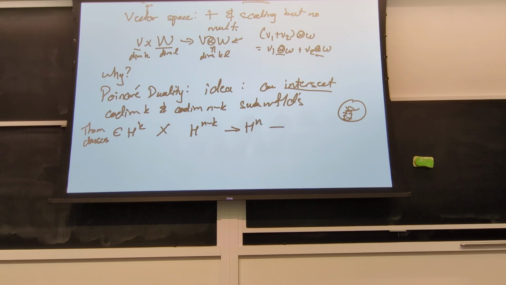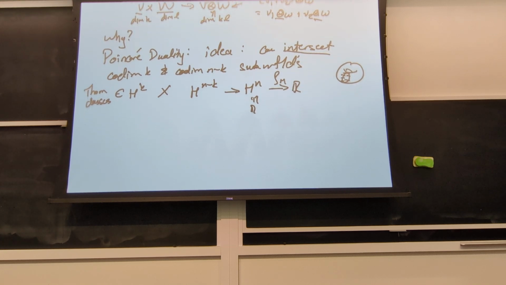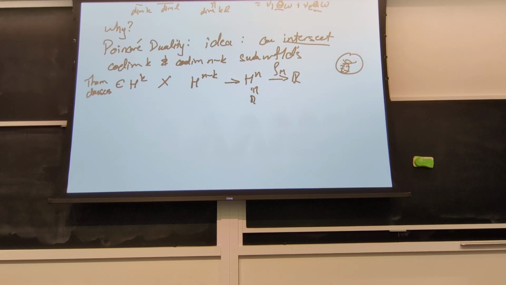And in all the cases that we've seen so far, this is isomorphic to R, where the isomorphism is given by the integral over the entire manifold. And so you get a pairing like this. And so Poincare duality says that the pairing is non-degenerate.